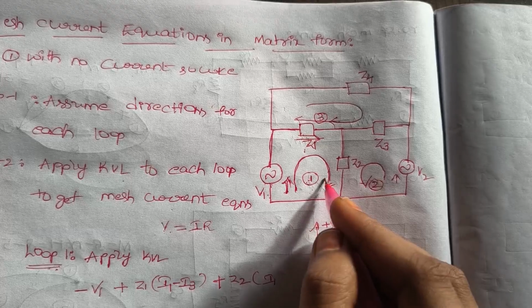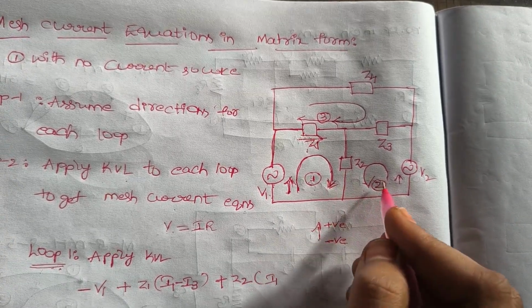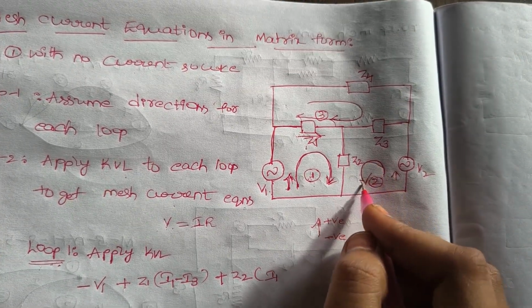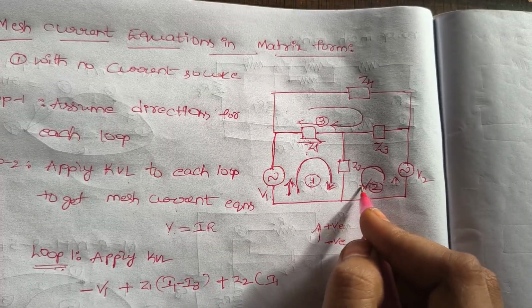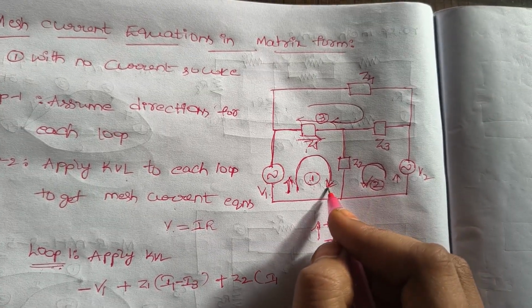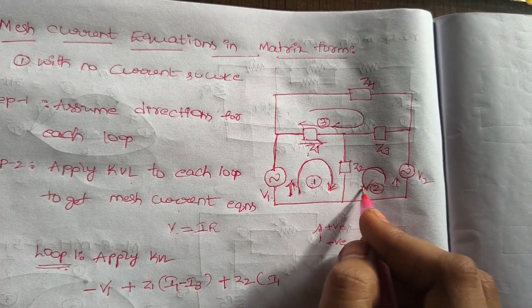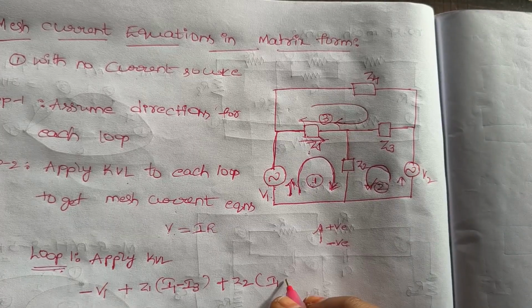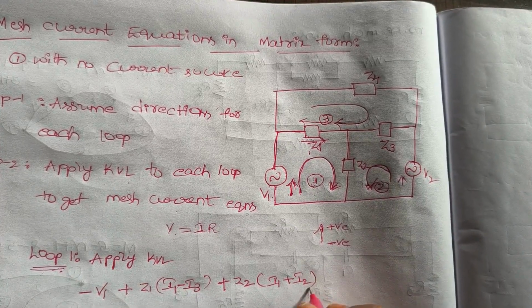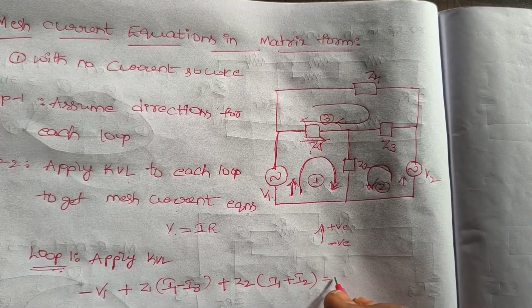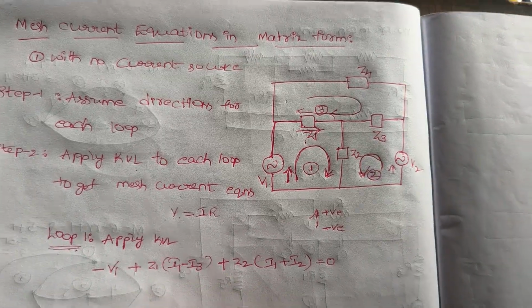I1 is traveling downwards, and I2 is also traveling downwards. So the I2 current is similar to I1, and these two currents are the same direction, so we write positive for I2. This total equation equals 0.